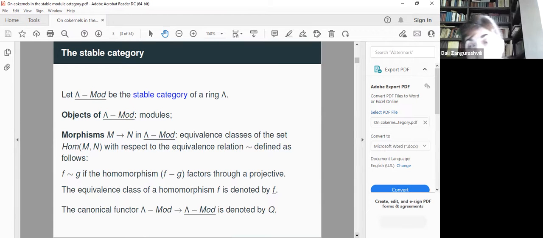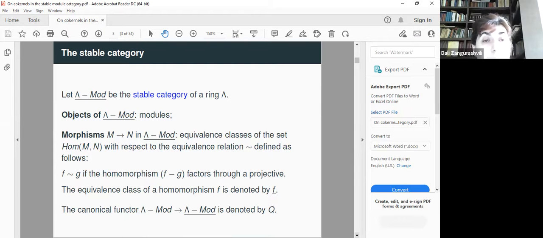And the composition is defined as the class of the composition of representatives, and it is easy to show that this definition doesn't depend on the choice of representatives. So in this way, this data gives a category.